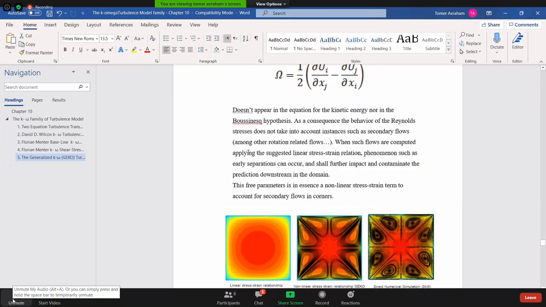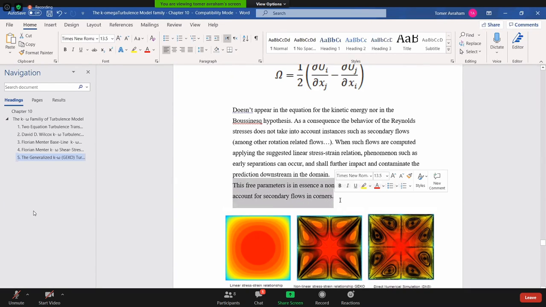The EARSM, the explicit algebraic Reynolds stress model. You can also use an RSM model, but the EARSM is advantageous in the fact that it's not as stiff.